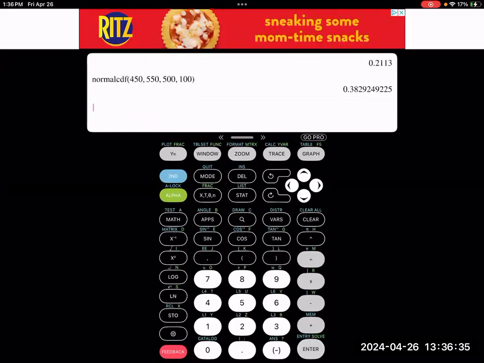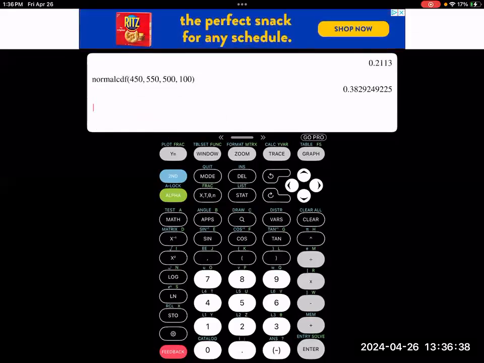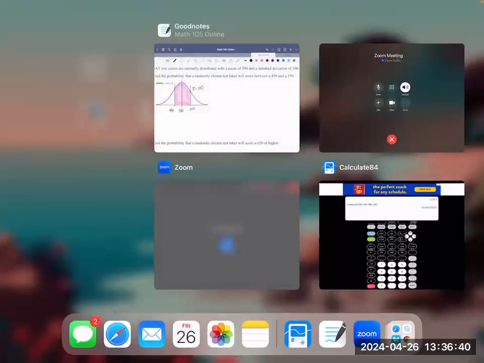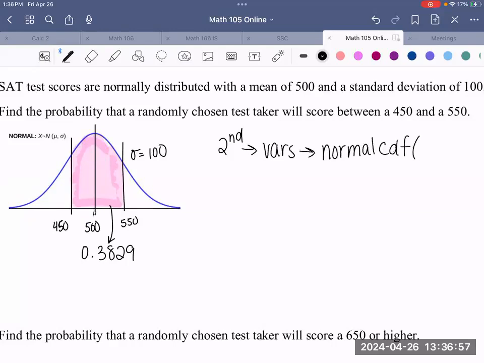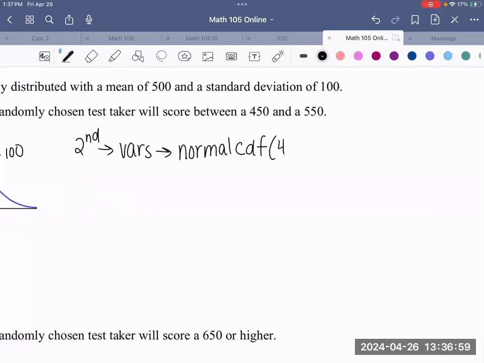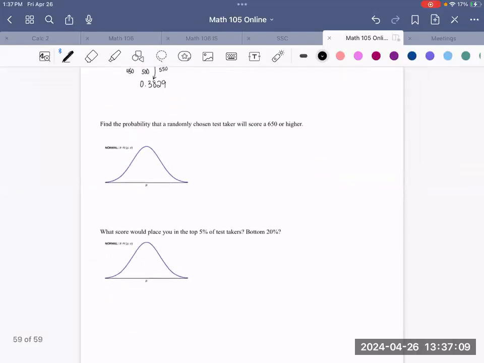And there we have 0.3829. And I'll write that one more time. Second vars, normal CDF, 450, 550, 500, and 100. Or you can still convert it into your Z table as well.